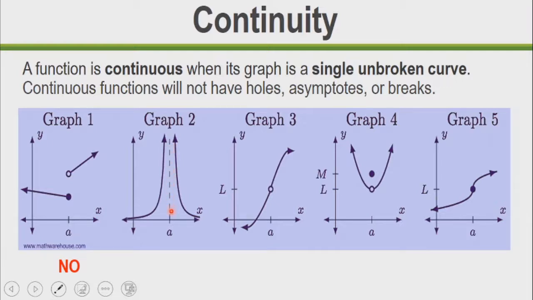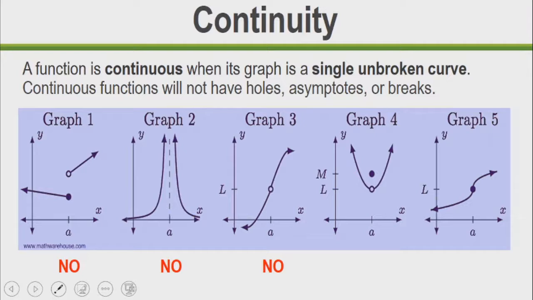What about graph 2? Graph 2 also has an asymptote at x equals a. This is a vertical asymptote at x equals a. So graph 2 is also not continuous. What about graph 3? Graph 3 has a hole at x equals a. Graph 3 is also not continuous.